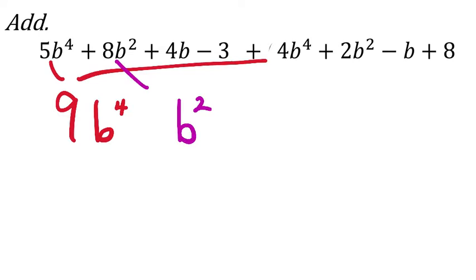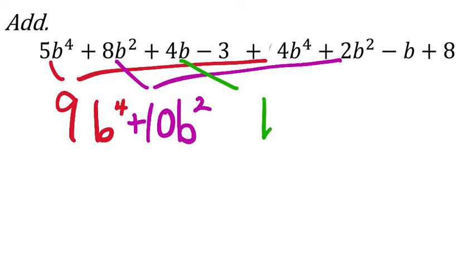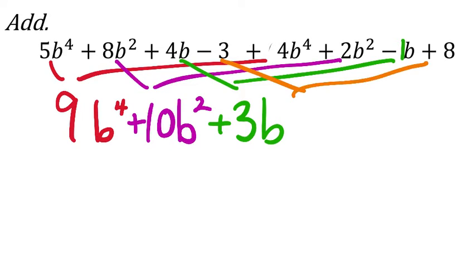So I'm looking for b to the power of 2s. There's a couple sets. 8 plus 2 is positive 10. Then the next term I see is the b's, the 4b's, and also this, that's a negative 1b right there. 4 minus 1 is positive 3b's. And then our constants, negative 3 and positive 8, that would be negative 3 plus 8, which is positive 5. And there you go.